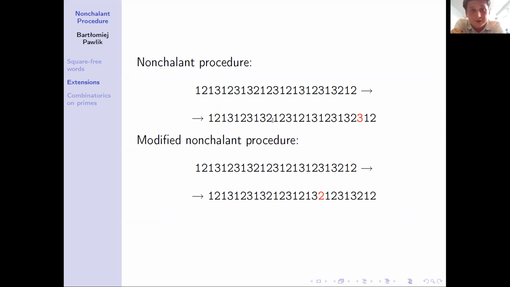We didn't do that for now, and we modified this in several more ways, and we attempted to translate the nonchalant procedure to other fields of mathematics.